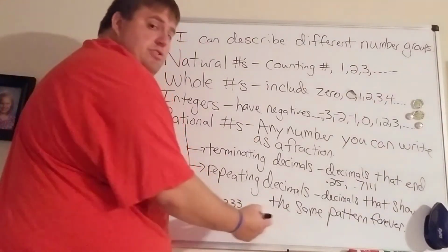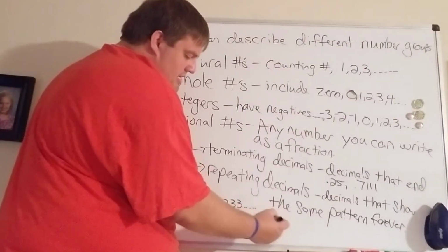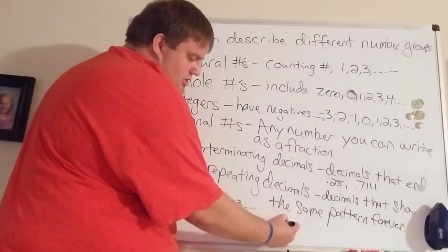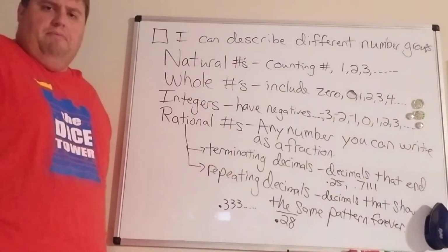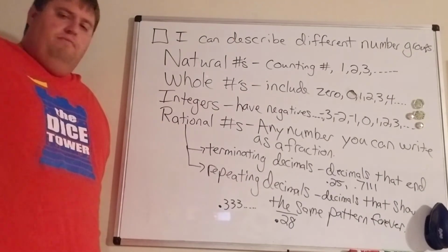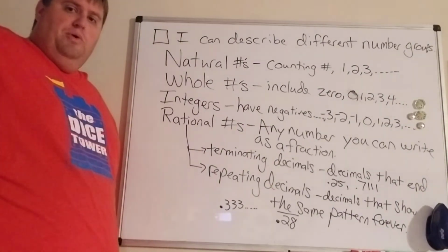Maybe you're used to seeing 0.28 and then it has a line over it. Have you seen that before? That means it keeps going forever and ever. That's a rational number: 0.282828282828.